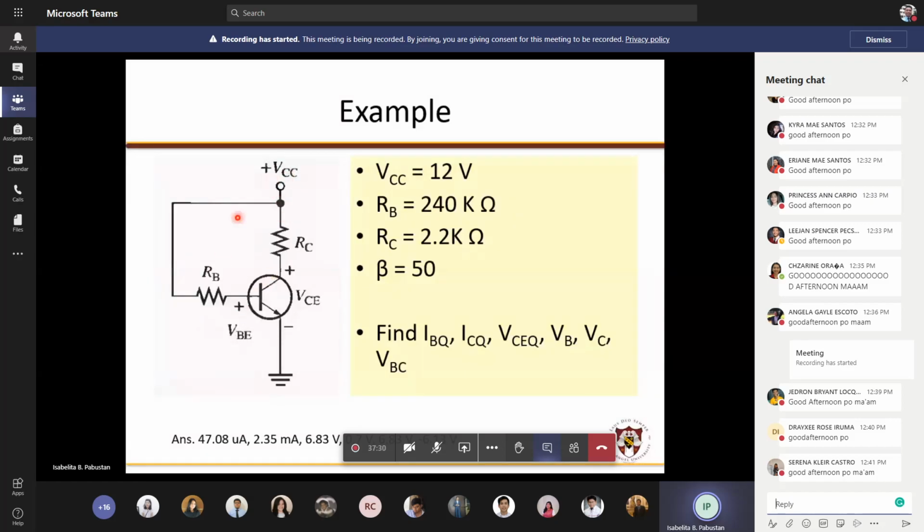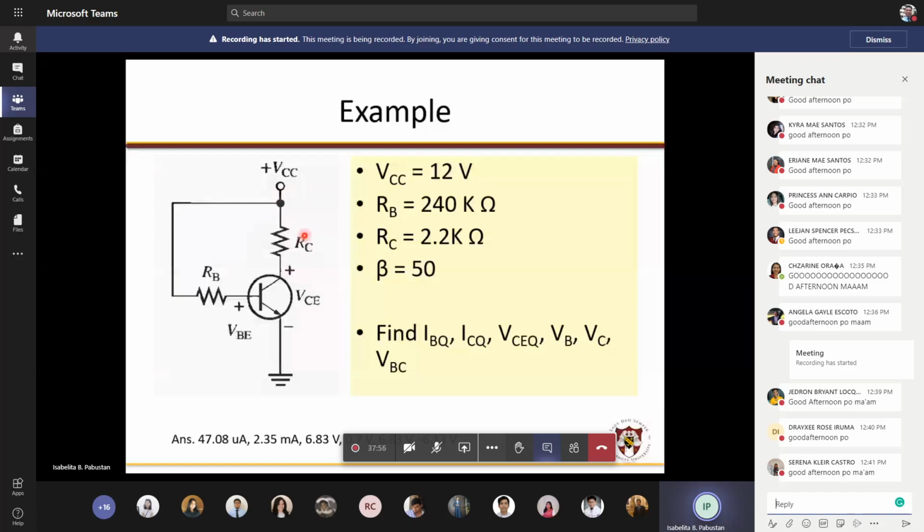And this also gives you a correct biasing configuration in such a way that the base emitter is forward biased and P connected to positive, right? N, your N connected to positive.